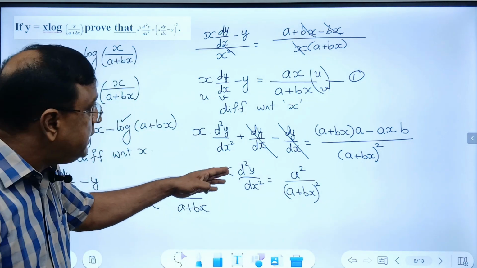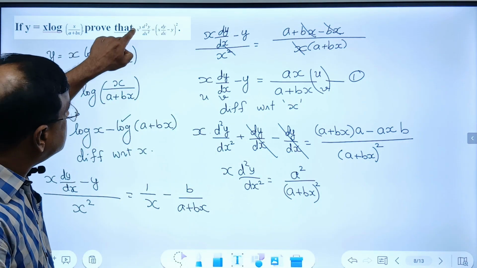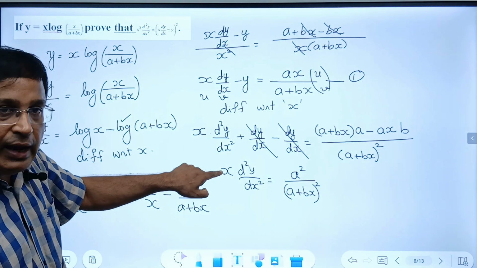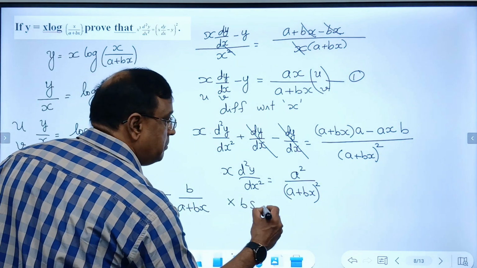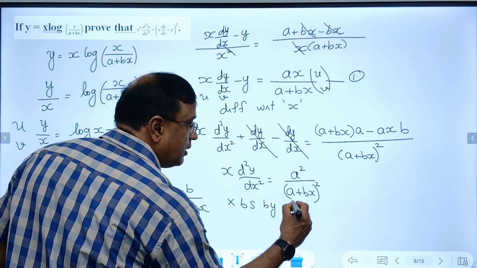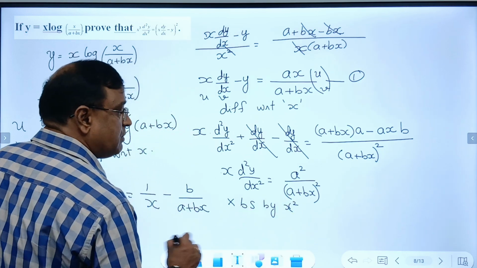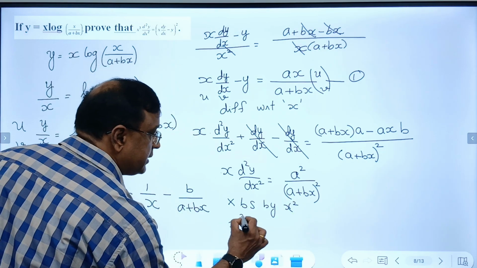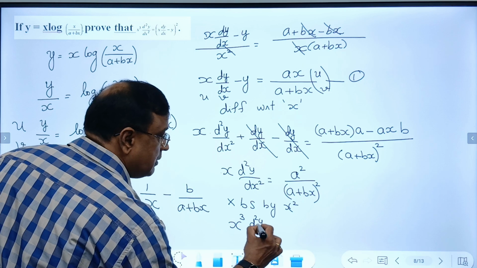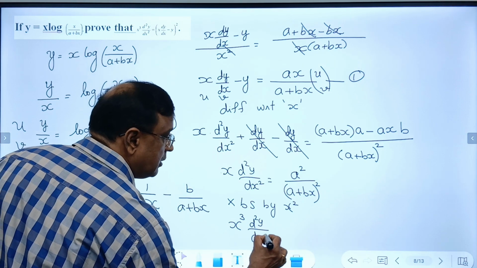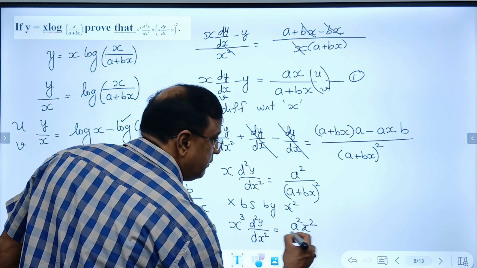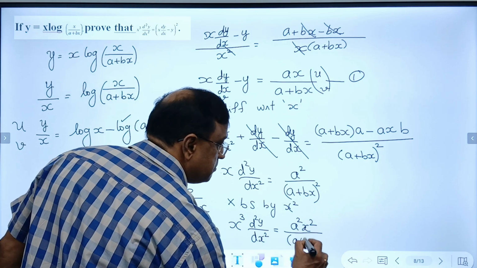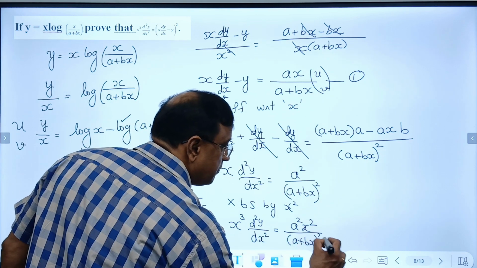But if you observe, the answer is x cube, but I have only x. So what I do, I multiply both sides by x square. If I multiply both sides by x square, what will I get? I will get x cube into d square y by dx square equal to a square x square divided by (a plus bx) the whole square.